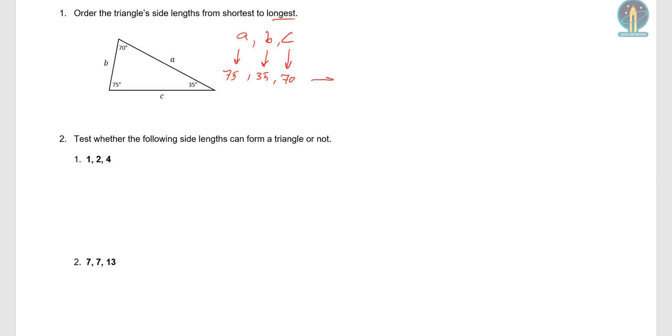In which case, the angle arrangement would be 35, 70, and 75, right? In which case, our side arrangement from shortest to longest would be B, which is less than C, which is less than A. Okay, so this is our side arrangement.